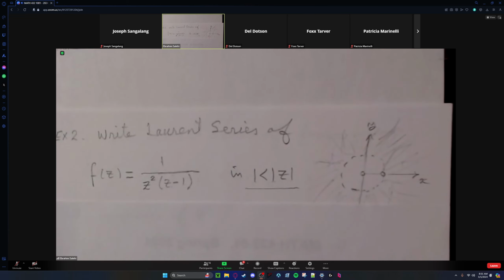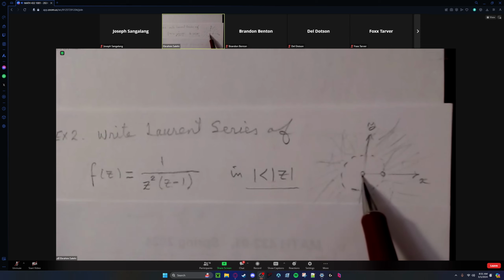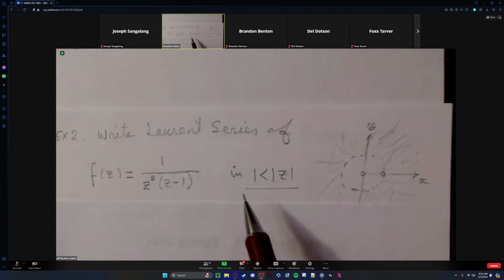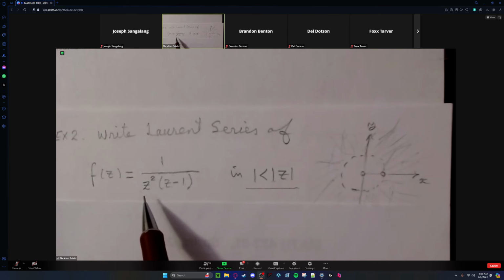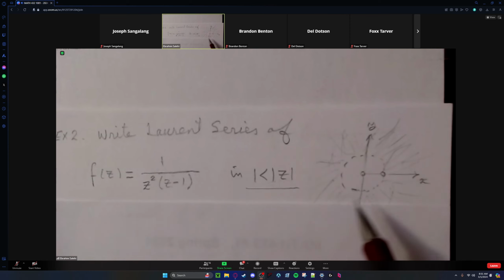Consider this function. Again, this function has 2 zeros in the denominator. One is 0 right here. The other one is what? Well, in the previous example, we wrote the Laurent series that was valid in this disk, okay?